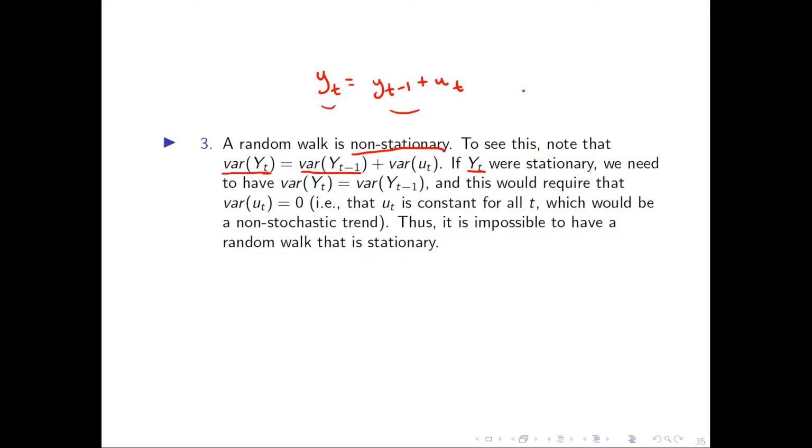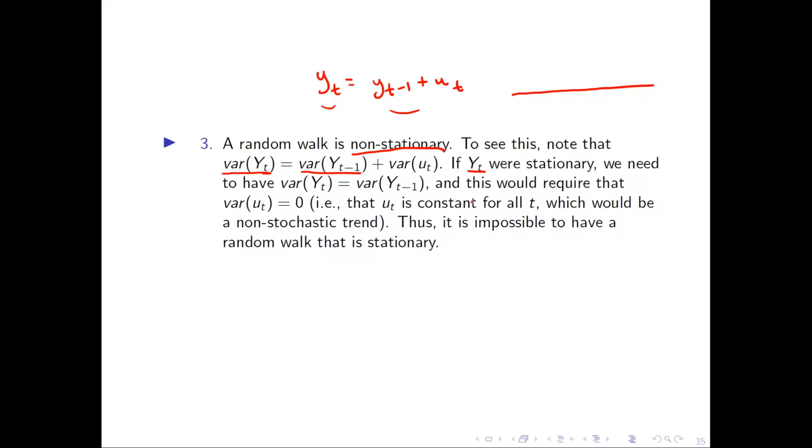If the variance of the error term was 0, then you would just have a constant process where the value of yt is equal to the value of yt minus 1, which in turn causes the variance of yt and the variance of yt minus 1 to be 0 in itself.